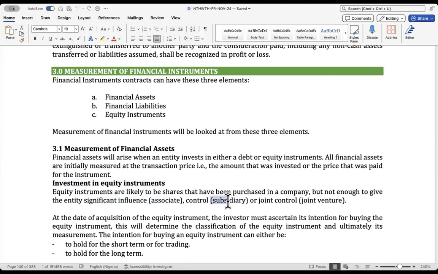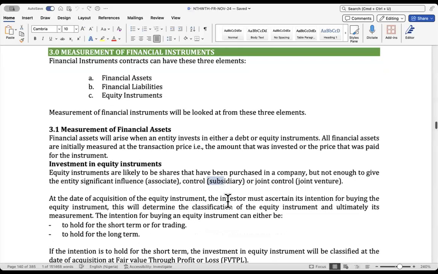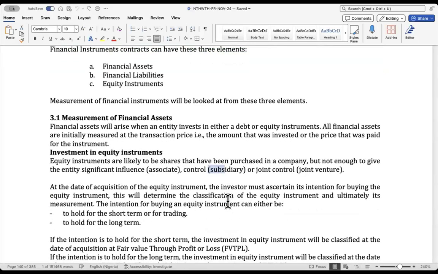So when you invest, initially, the date you invested, how you record or measure it is at the transaction price. That one is clear. Credit bank, you debit financial assets with that amount.